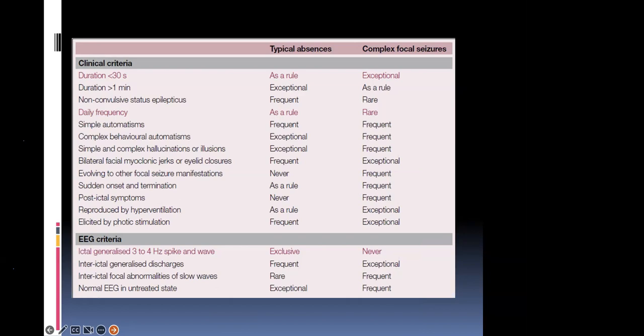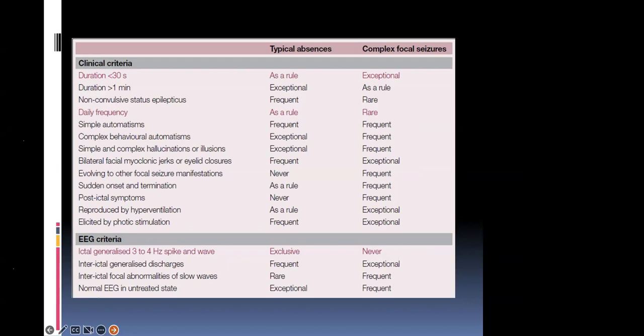Interictal generalized discharges are frequent in typical absence, and exceptional in complex partial seizures. Interictal focal abnormalities of slow waves are rare in typical absence, frequent in complex focal seizures. A normal EEG in the untreated state is exceptional. As we said earlier, in untreated IGEs, EEG is always abnormal.